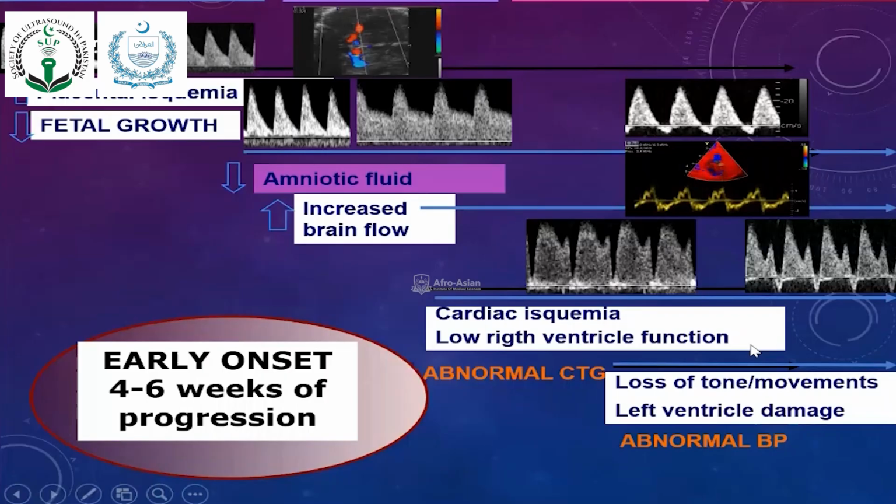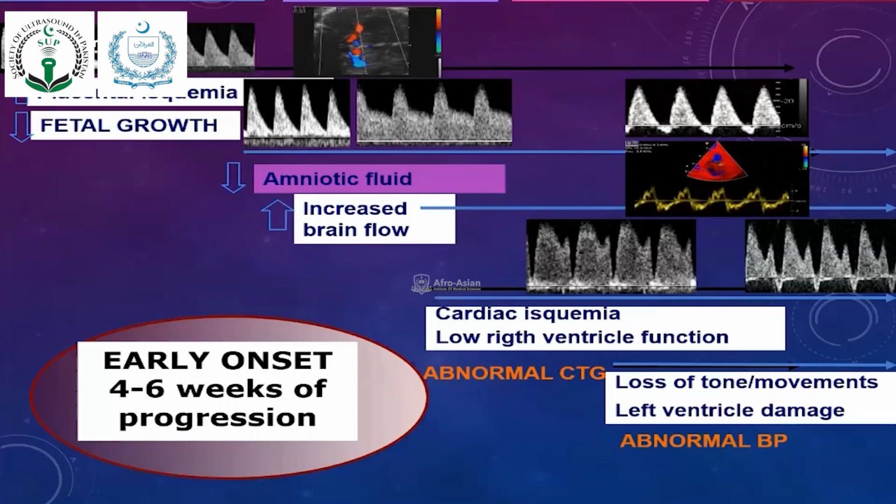So on one side, there will be ischemia of the blood vessels which are in the villi. There will be thrombosis. We will have growth restriction, then the brain sparing phenomenon. The amniotic fluid will decrease.